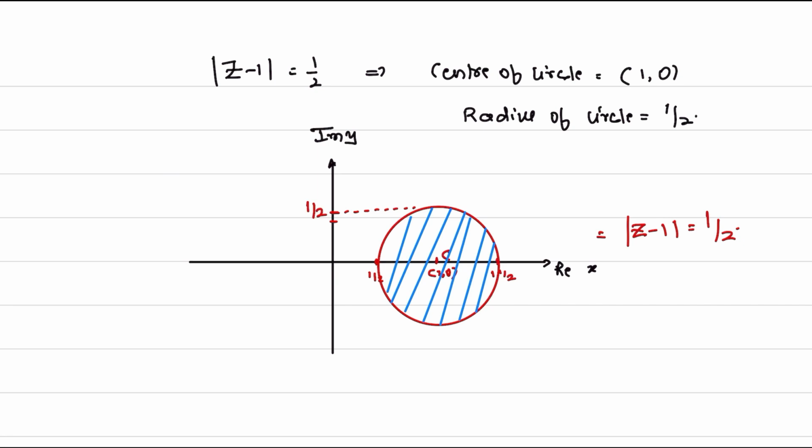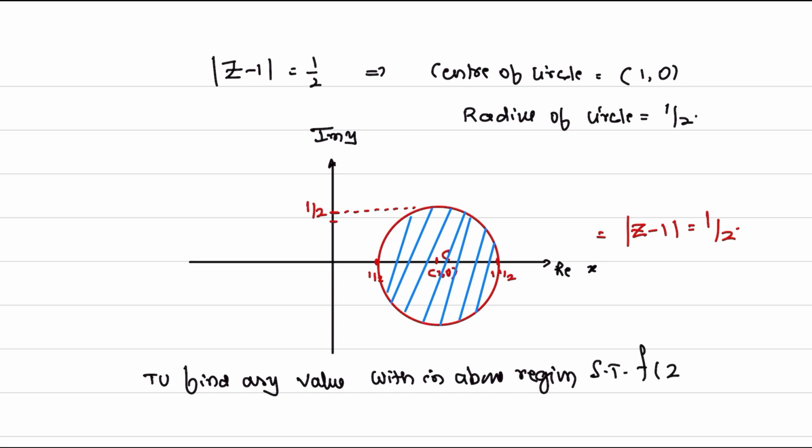What is the question? To find any value within the above region such that function f(z) is equal to 0. Function f(z) is given by z into e to the power of 1 by z, whole divided by z square minus 1.